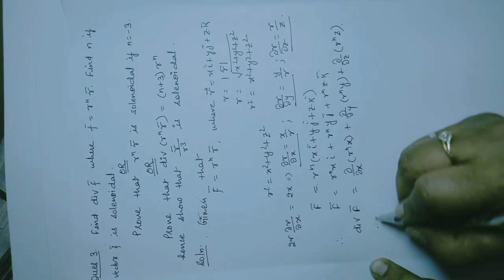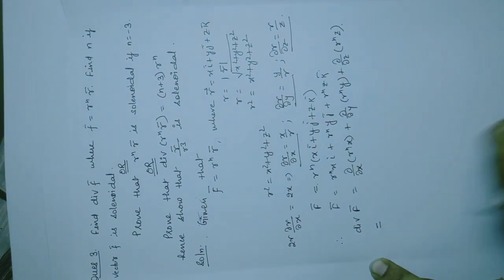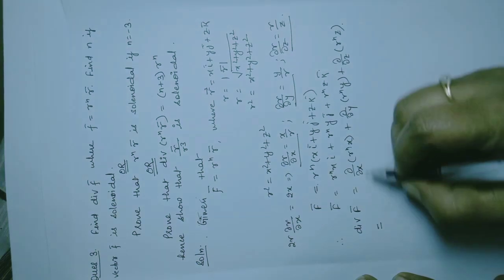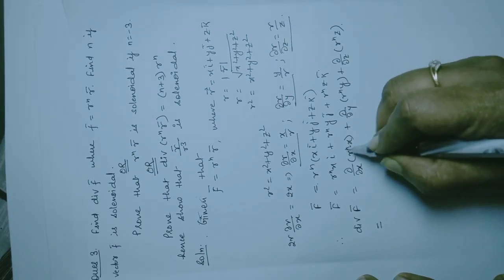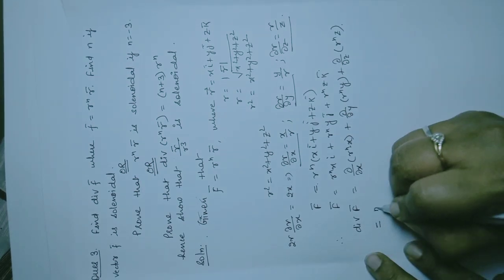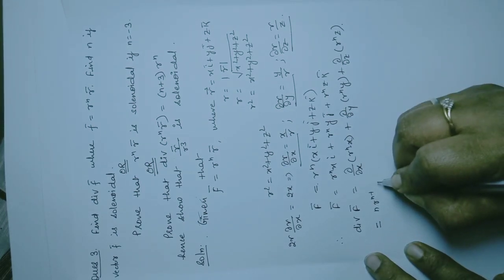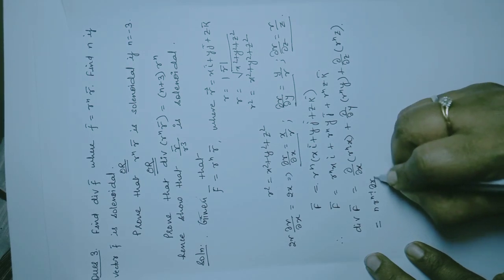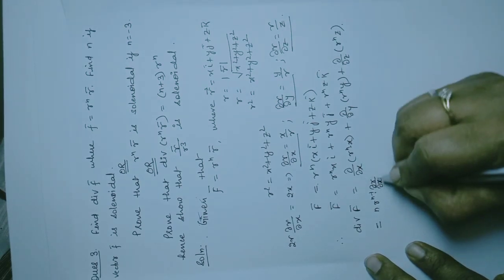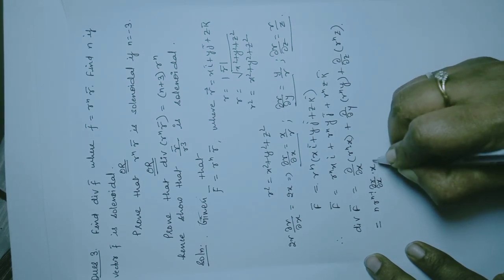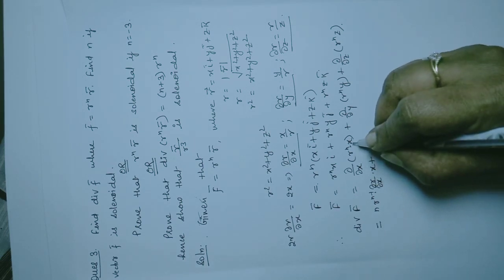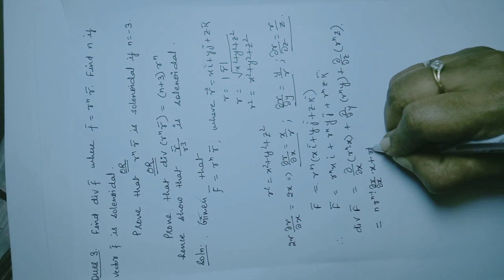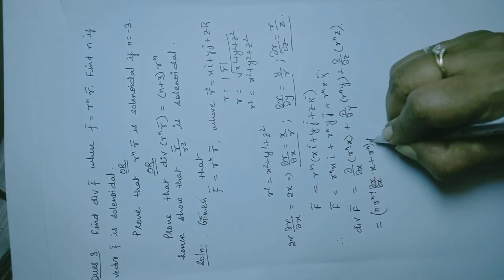Now ∂/∂x of this term will be equal to, so this is the product of two functions, rⁿ and x. So first let us differentiate this rⁿ. That will be n rⁿ⁻¹ into ∂r/∂x, derivative of r, into x as it is, plus derivative, partial derivative we are doing, so derivative of x will be 1, so you get only rⁿ.